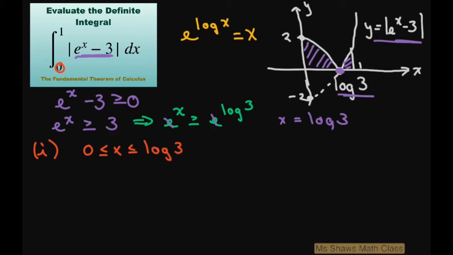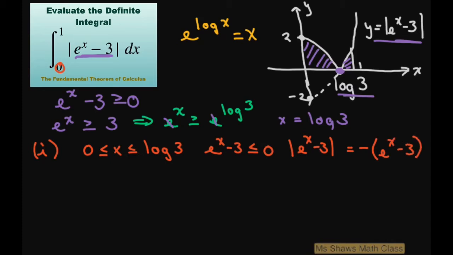That means that e to the power of x minus 3 by itself is less than or equal to 0. So the absolute value of e to the power of x minus 3 is going to equal negative e to the power of x minus 3.